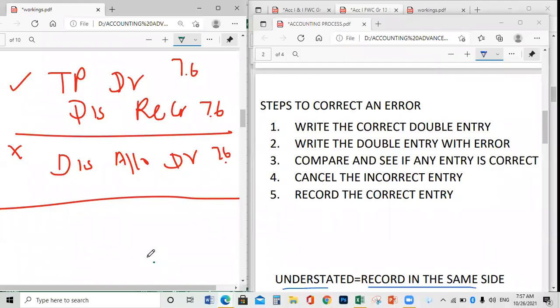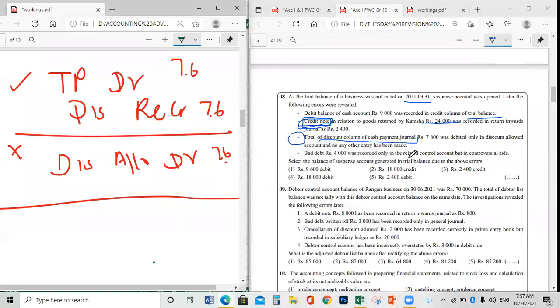Guys, is there anything here which is correct when you compare? No, nothing is correct. How do you say trade payable is correct? They said no other entry was made, right? They said specifically, guys, no other entry was made.